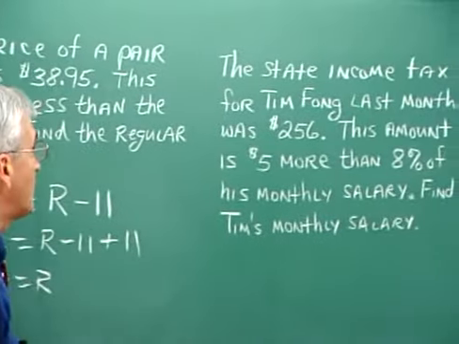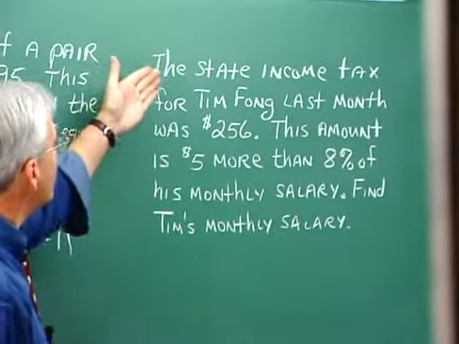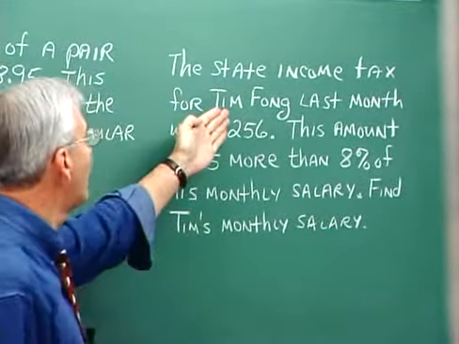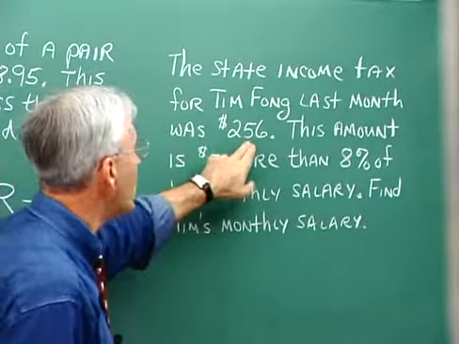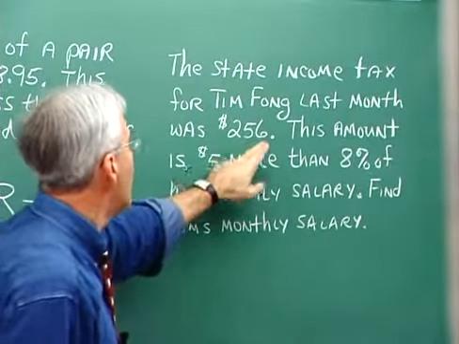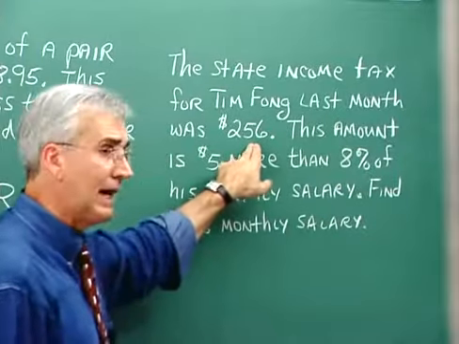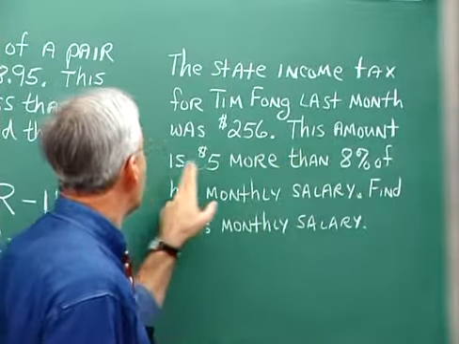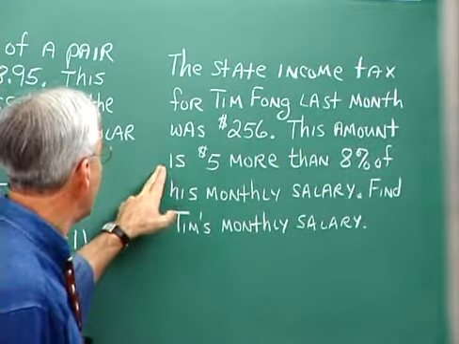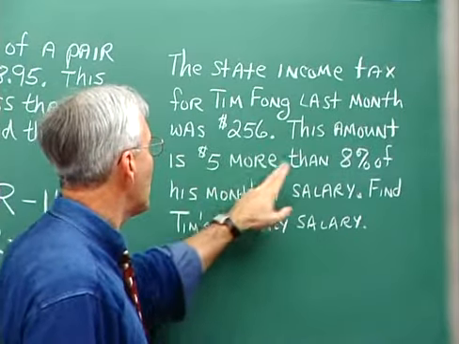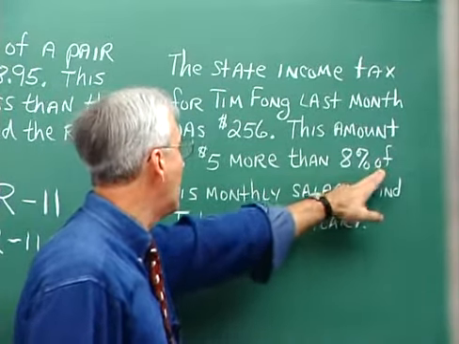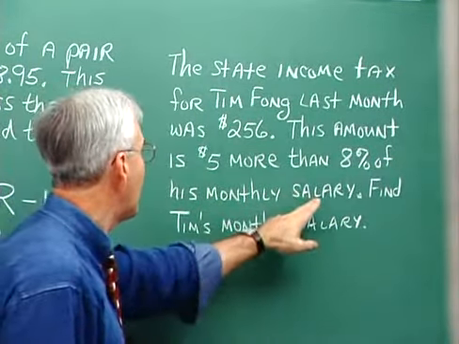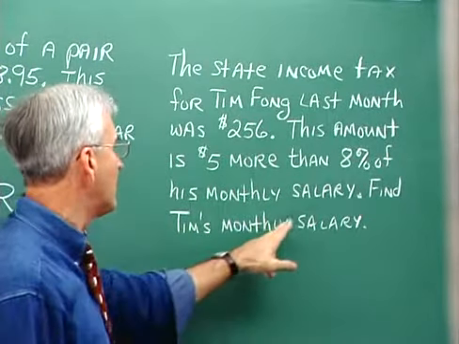This one involves a percent. The state income tax for Tim Fong last month was $256. This amount, again referring back to the previous sentence, is equal to $5 more than 8% of his monthly salary. Find Tim's monthly salary.